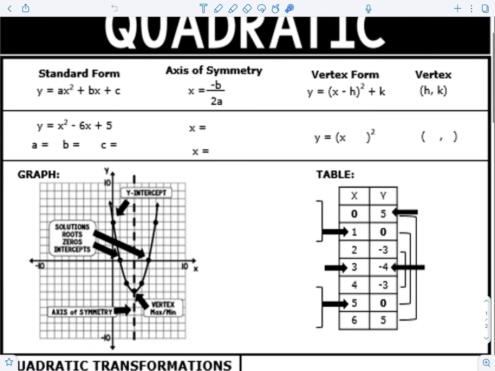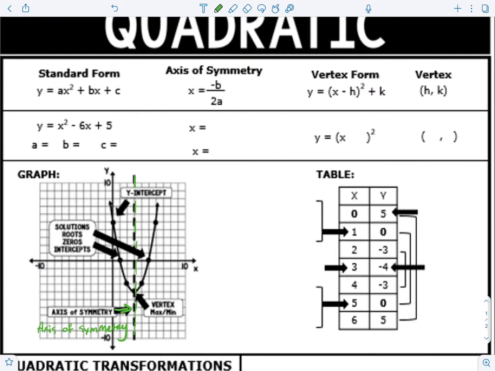And you may say, well, what's vertex and what's axis of symmetry? Well, if we look at this picture down here, this little dotted line is called the axis of symmetry. This may look a little blurry, so I'll rewrite it. The axis of symmetry is just the line that divides the parabola into 2 equal parts.